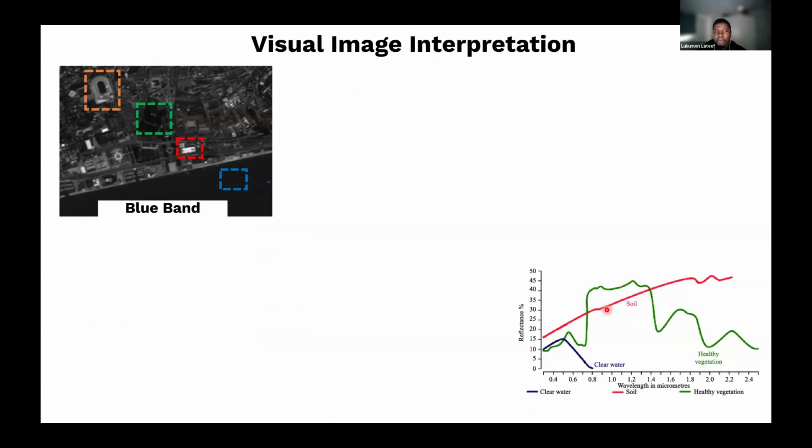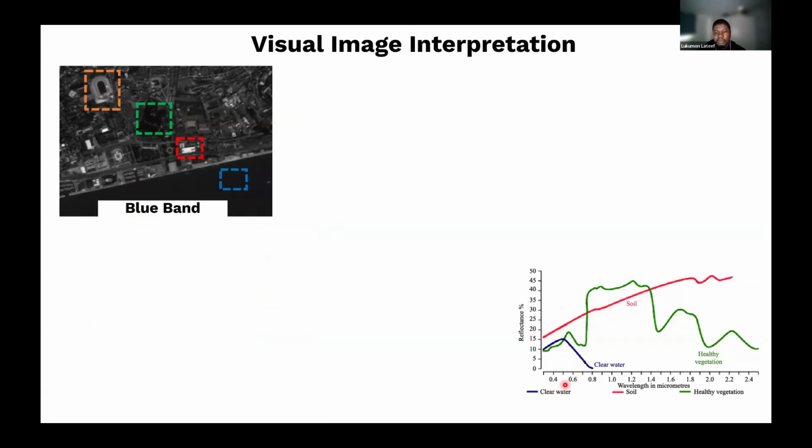So starting from the blue band, we can see these 2 features are very bright. The brightness is just the intensity of the reflectance, how much energy is being reflected in the blue portion of the spectrum. So these 2 features appear very bright, which points to the possibility of being soil or built-up.